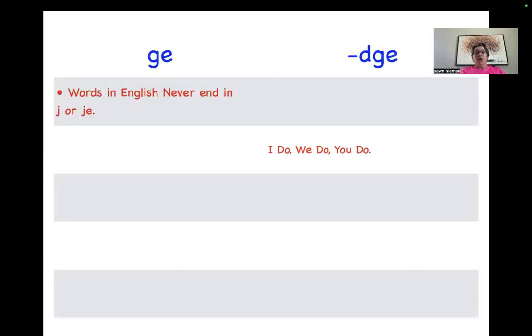So just like all of your other concepts, you're going to do this I do, we do, you do. So if I say the word is ridge, I'm going to finger spell that and I'm going to go r, i, j. I is a short vowel, and I hear a j right after it.